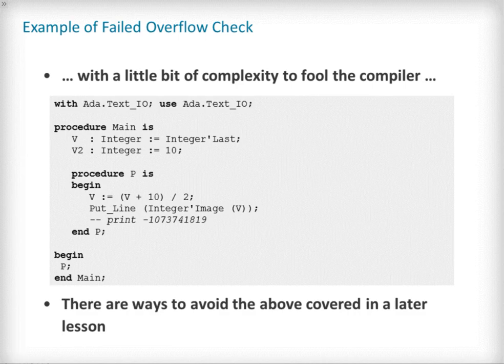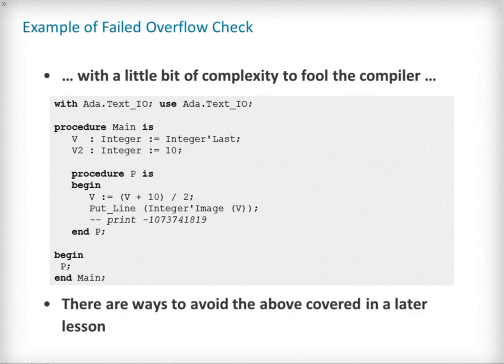V has already been explicitly initialized to the last permitted value in the range of an integer, so adding 10 to it should cause an overflow. However, it occurs in a sub-expression, and by the time the assignment takes place, the overflowed value has been halved and is now back in range.